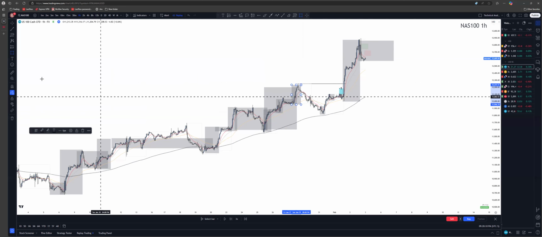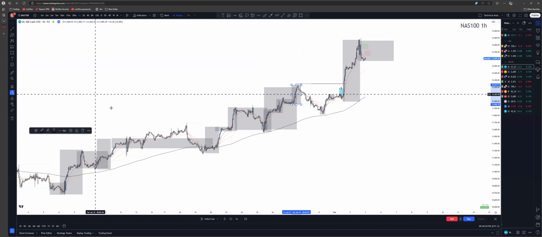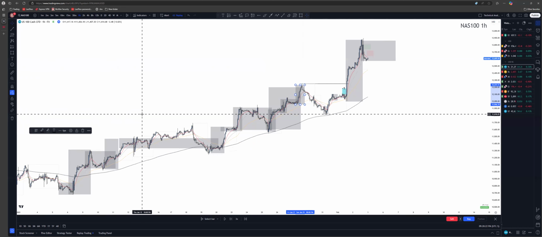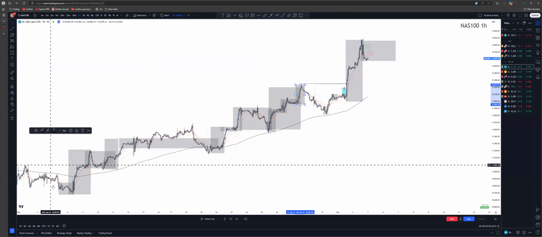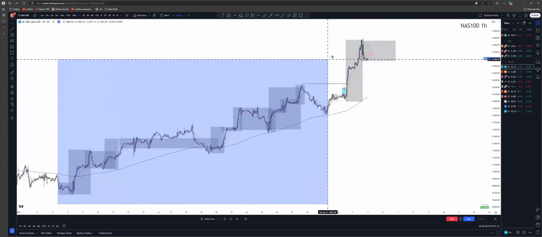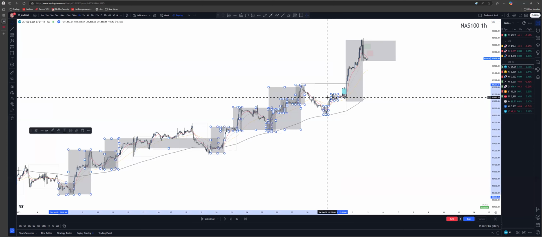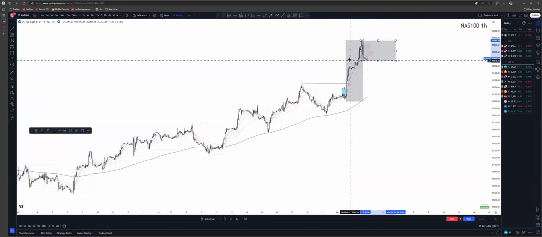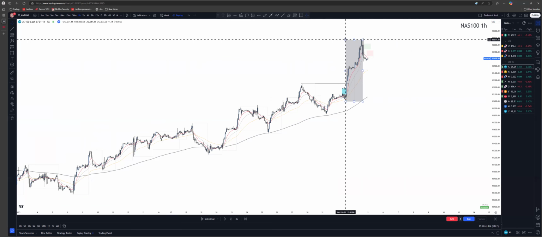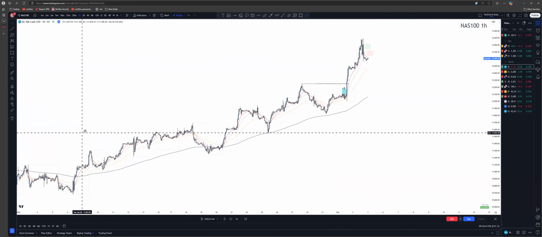Once you understand that concept, you won't be so lost as far as what direction you should be trading, when you should be getting into the market, or when you should be expecting sideways action.